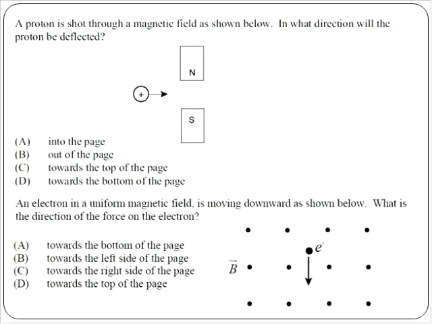Next one. We got a couple more applications now of the left-hand rule. We got a proton shot through a magnetic field. Now remember, the direction of the magnetic field is always north to south. So there's the direction of your magnetic field. So you're going to use left-hand rule, or if you want, because it's a positive particle, you can use your right hand, like I told you before. So I'm going to use the left hand. Left hand pointing fingers down because the magnetic field is down.